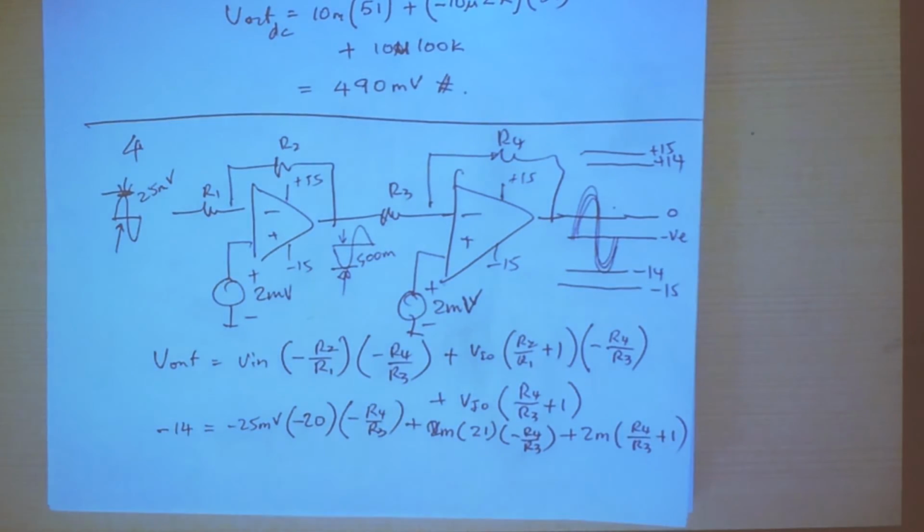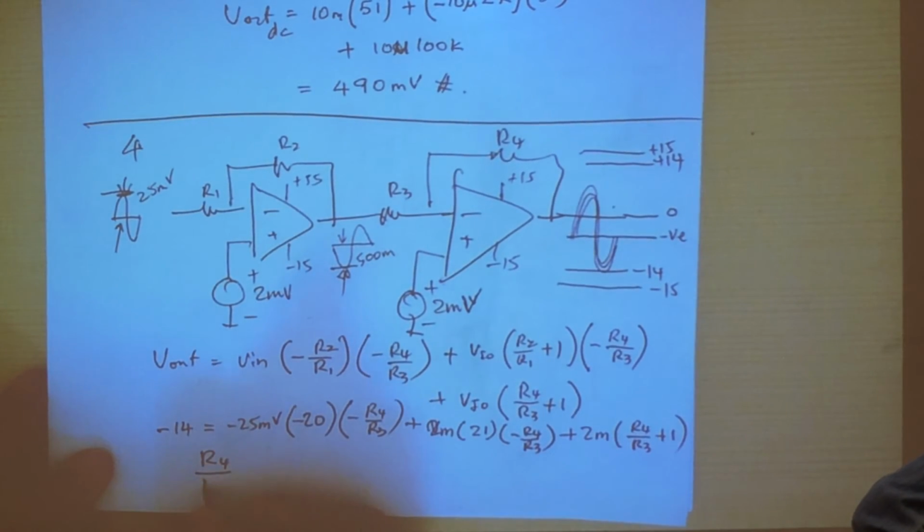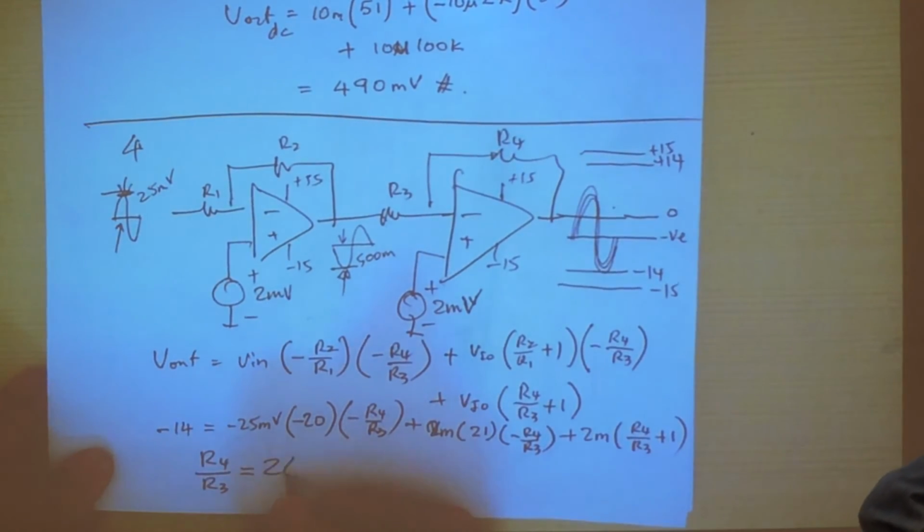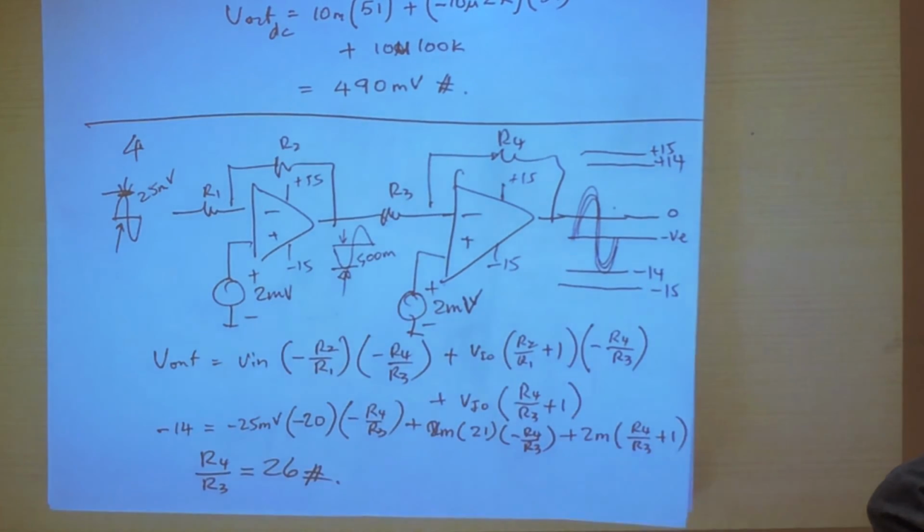So this is your equation, and you need to solve this. And there's only one unknown, which is R4 over R3. When you solve this, the value is 26. So that is your answer.